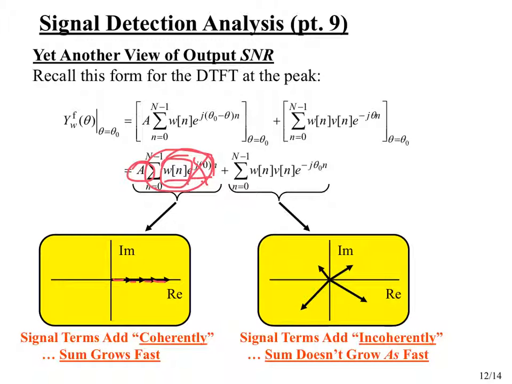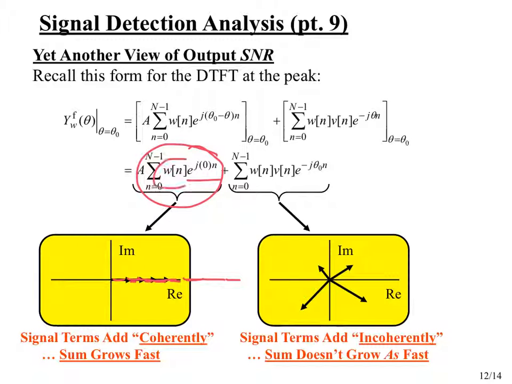And those of us in the DSP field say that this first sum, the signal part, at the correct frequency is adding coherently. They are in phase with each other, in phase, in phase. And look, the more of them I add together, the longer they are.